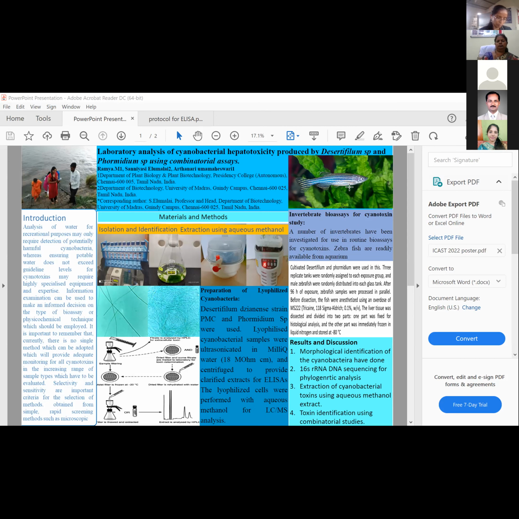Since everybody uses zebrafish for this analysis and it is now endangered, we were not able to get this species in Chennai, in Kolathur, where the fish market distributes fish throughout India. Somehow I got a few, around 40. I'm going to perform this bioassay next week, and I have extracted the biomass again.